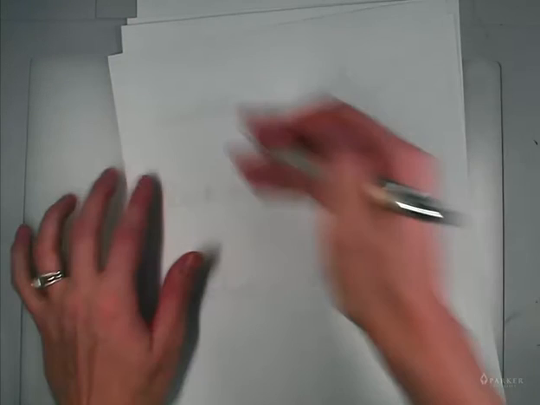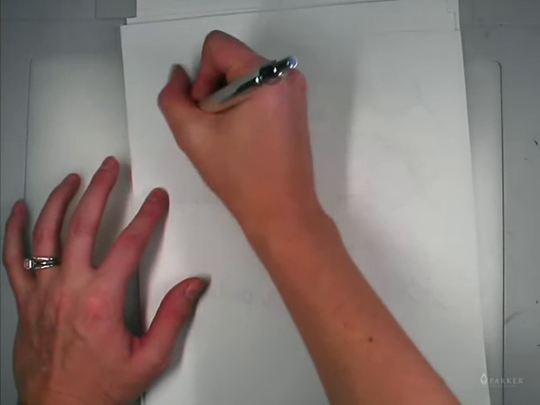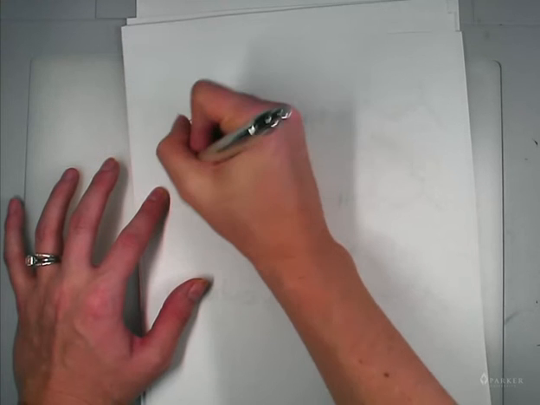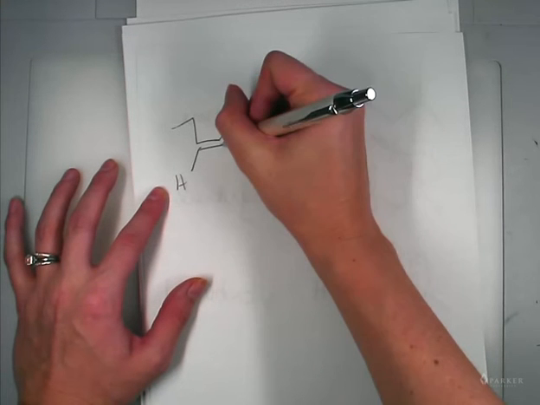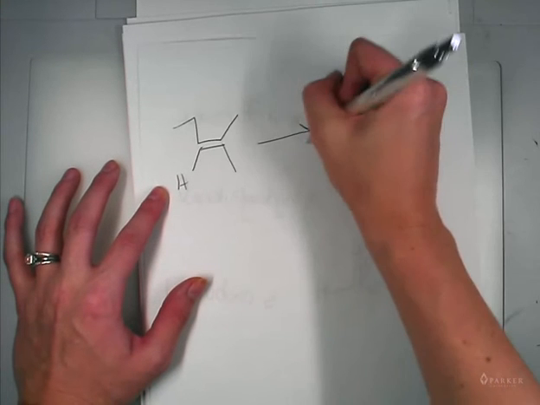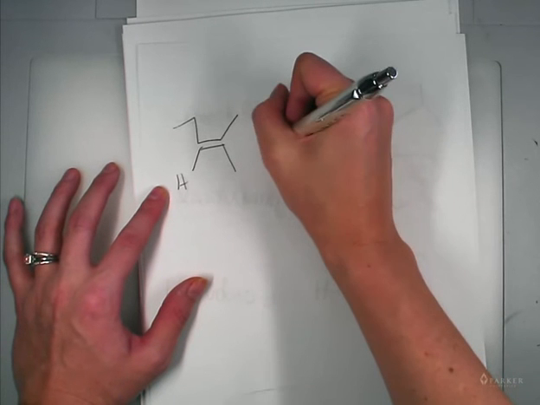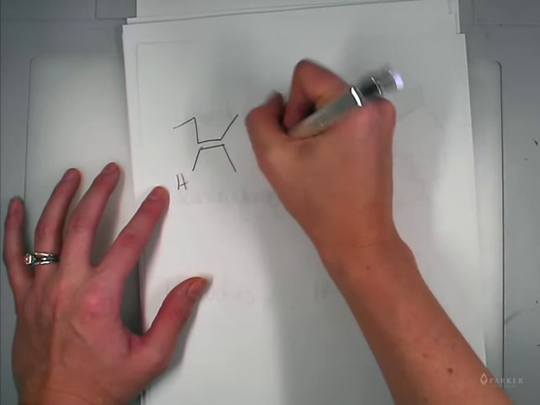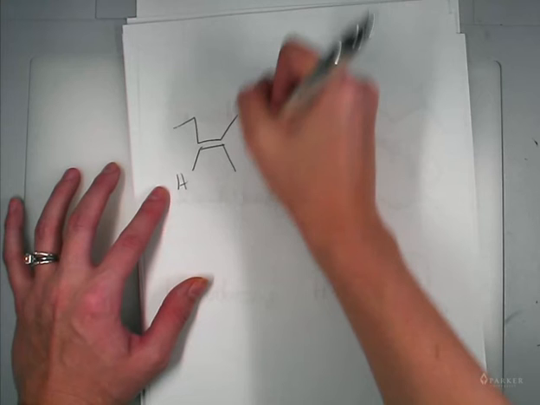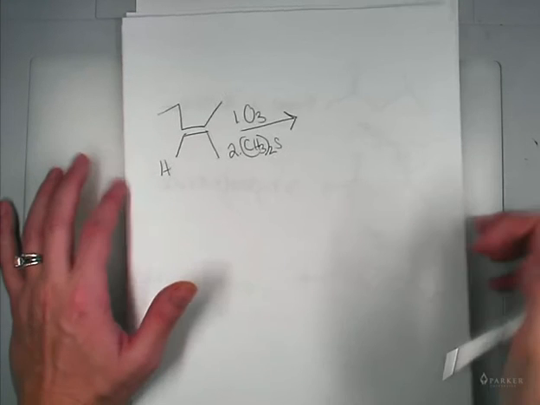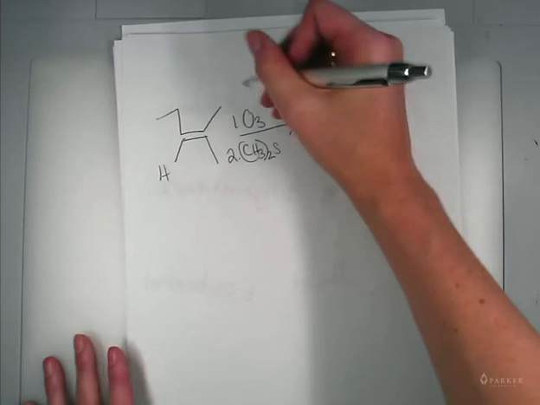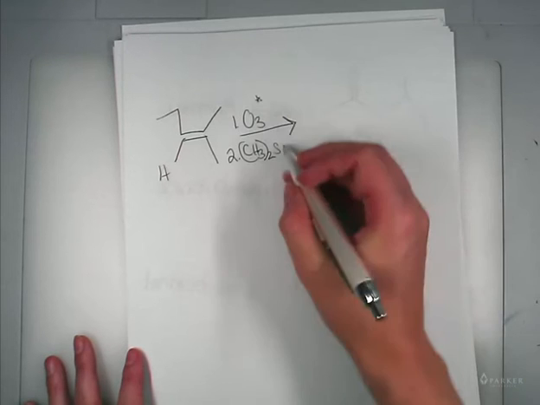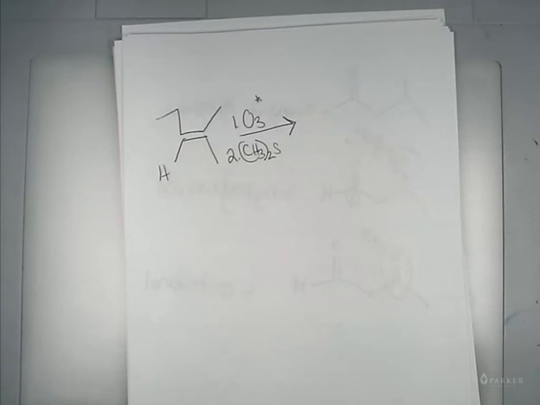So let me redraw this one. The most important part of this reaction is the ozone. This sulfur group, the sulfide, is just used to take the ozone off.